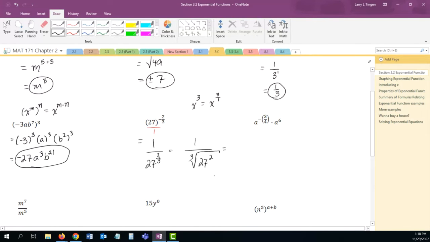And I think, what do you end up with? Oh, you end up with 9, because that's what the calculator says. Now, if I take 27 squared, I can rewrite 27 as 3 cubed. 3 cubed squared is 3 to the 6th, and then take the cube root, you end up with 3 squared, which is 9.